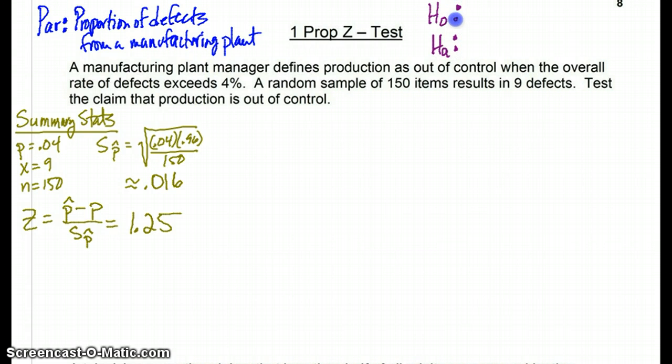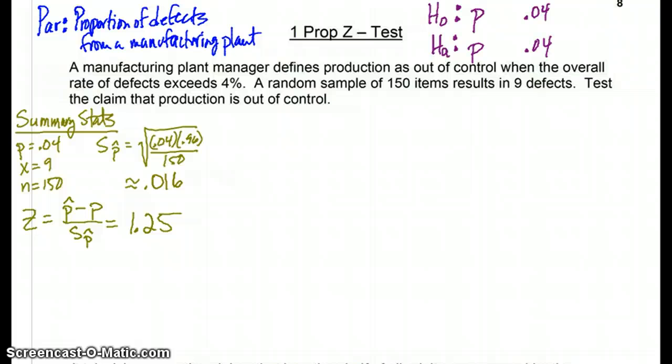We always write the null hypotheses in terms of the parameter, so that means we're going to write P. We know that P is 0.04. That 0.04, relating to the notes above, is our P naught. So we need to keep that in mind. Therefore, next up is what inequality is mentioned here.